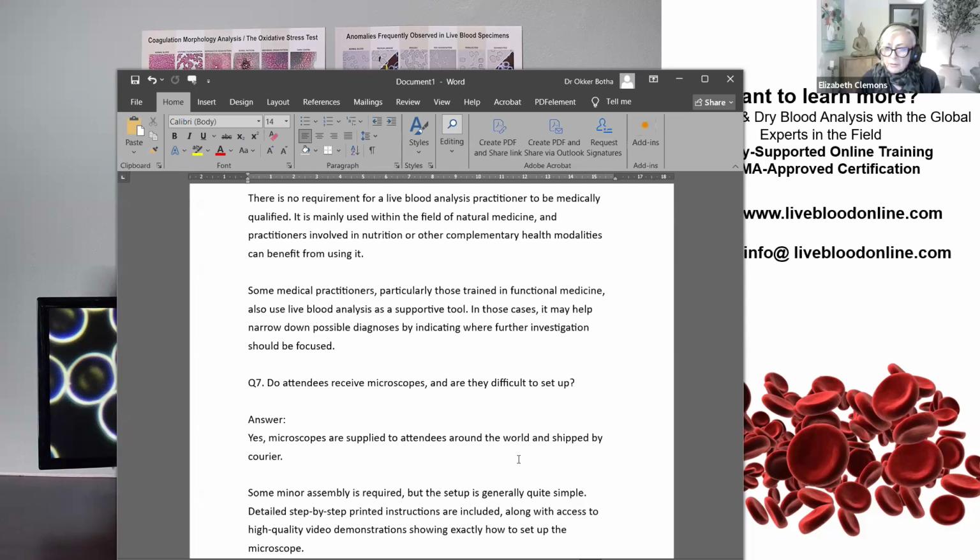Okay. And the live blood analysis can reveal dehydration. Is that right? Is that correct? Yes, absolutely. So it's actually one of the common factors when we're seeing negative signs or patterns in the blood. Water intake is extremely important.